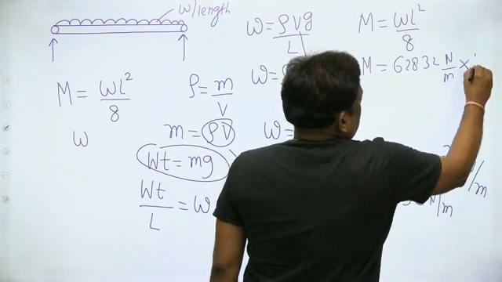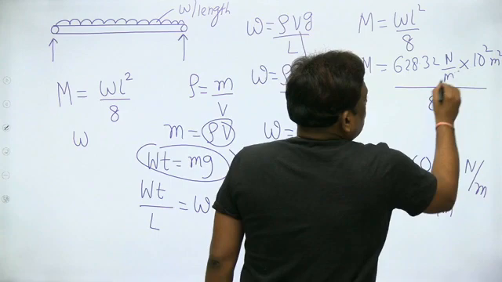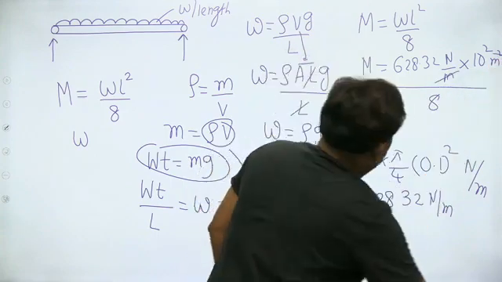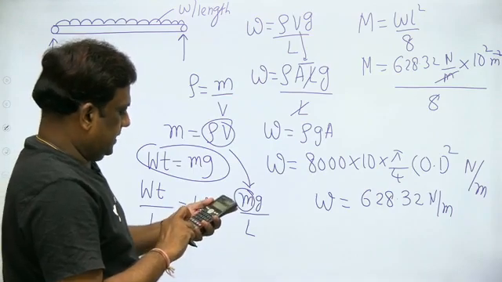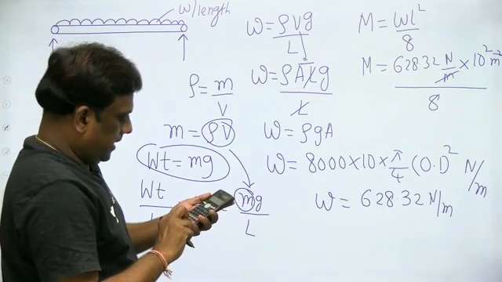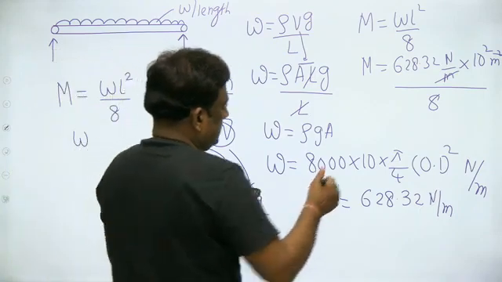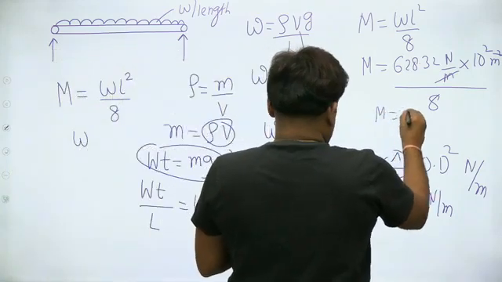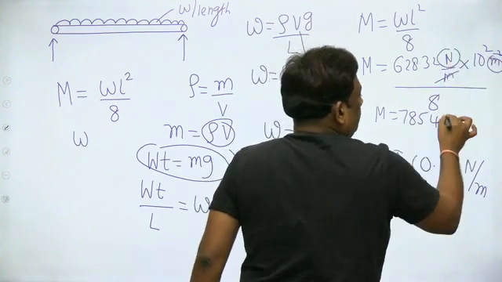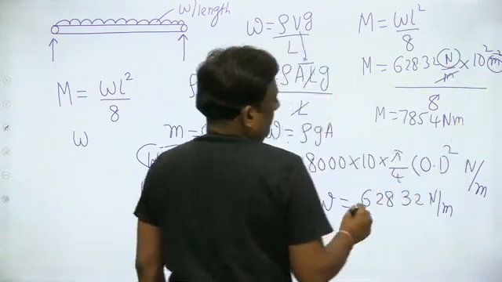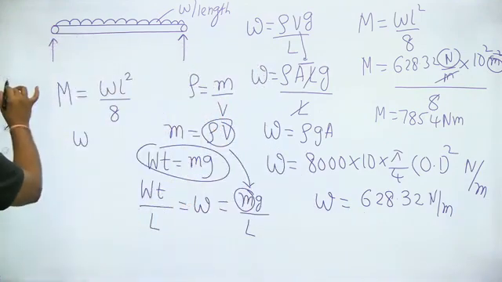The length is given as 10, so 10 square, meter square, by 8. So you get it in Newton meter. I request everyone to calculate. Yes, this will be 7854 Newton meter. Take care of the unit. So I got the maximum bending moment.